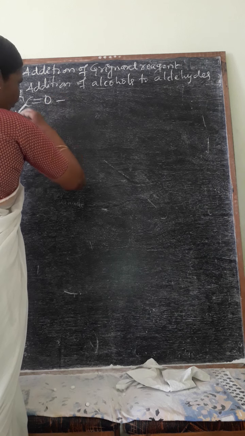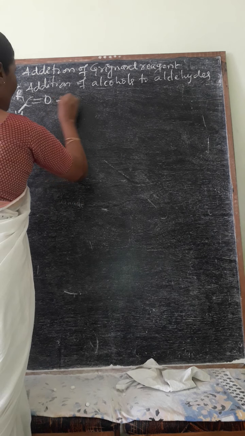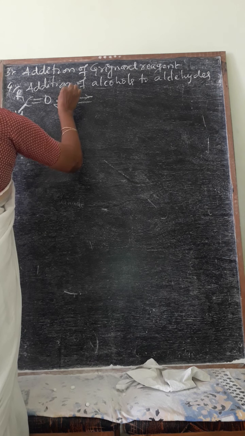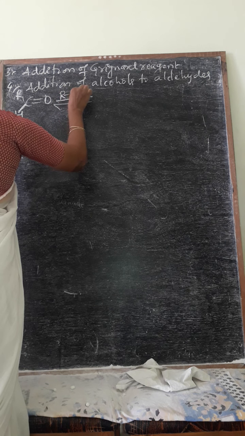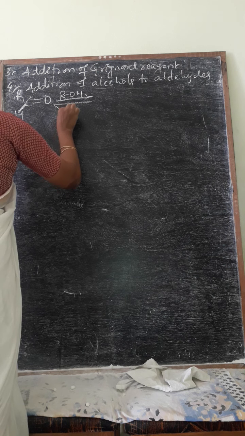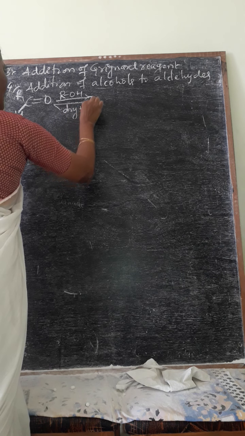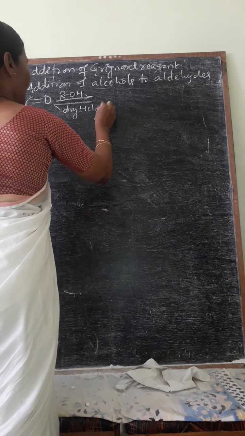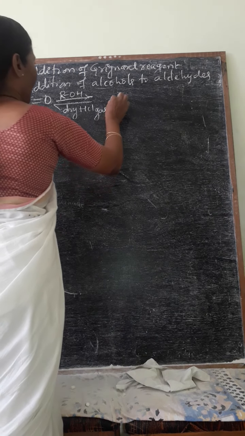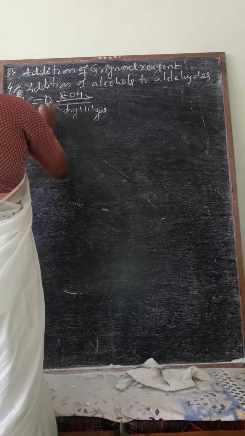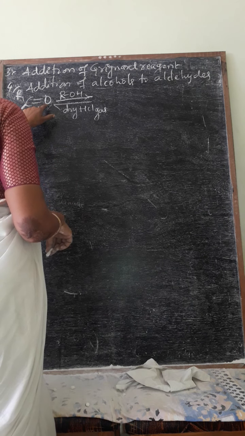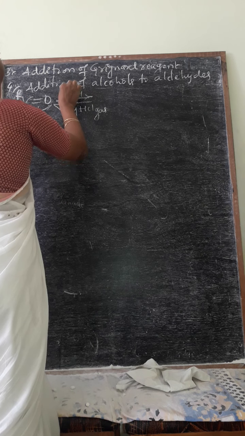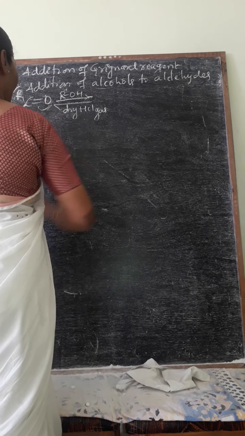Now, the explanation I will give along with the reaction. This is a reversible one. Monohydric alcohol in presence of dry HCl gas. This is definitely O minus H plus, OH minus R plus is attached.